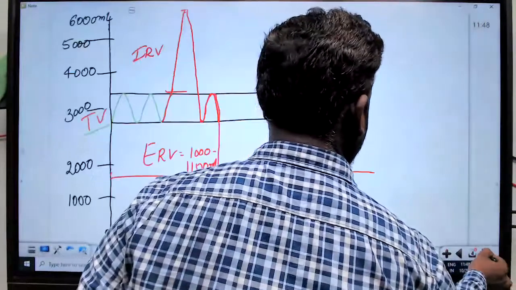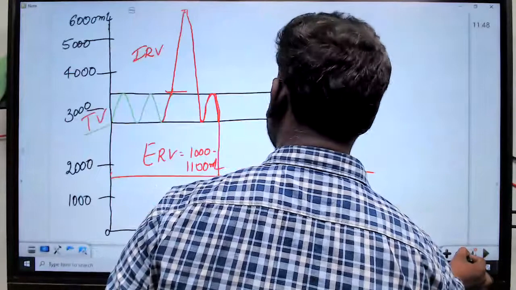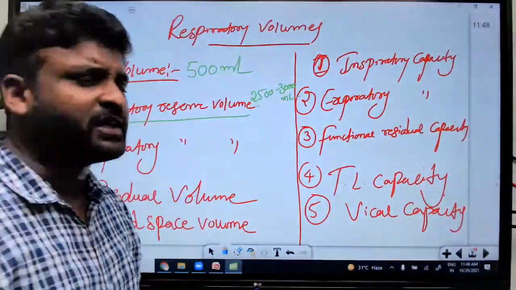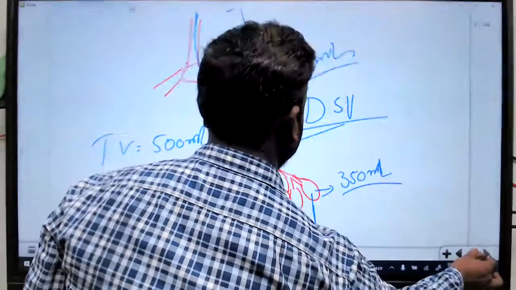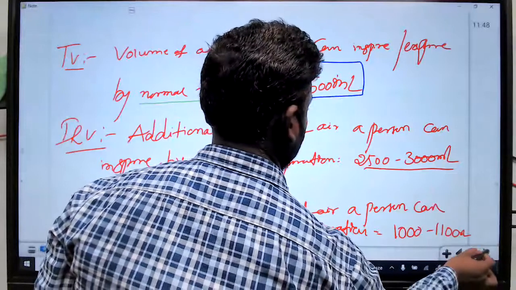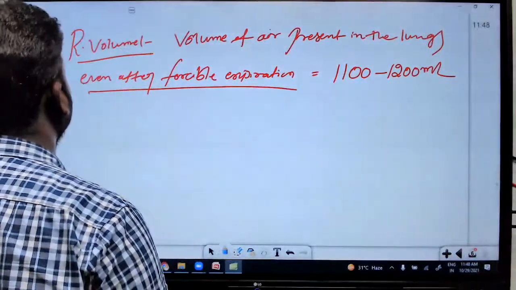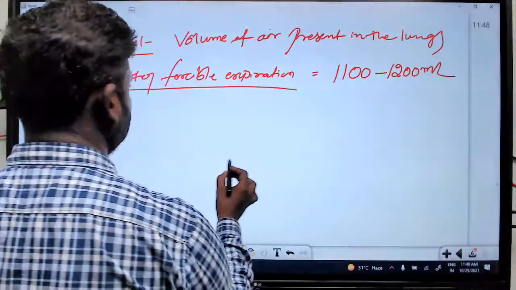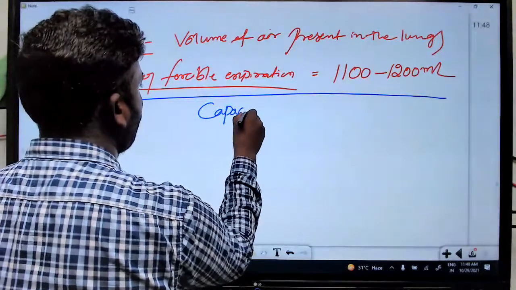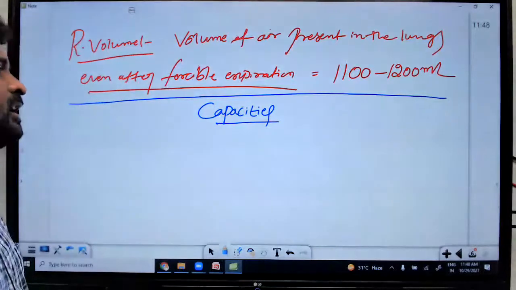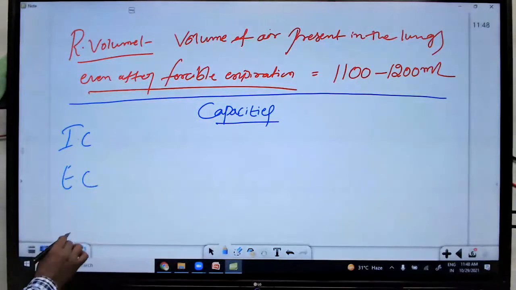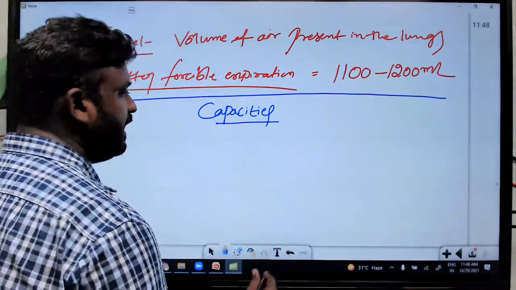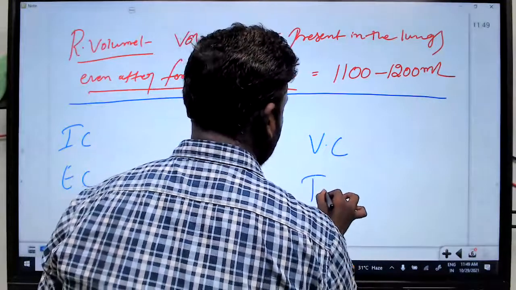As we discuss different types of capacities, the first one is inspiratory capacity. Then, the respiratory capacities: inspiratory capacity, expiratory capacity, functional residual capacity, vital capacity, and lastly total lung capacity.